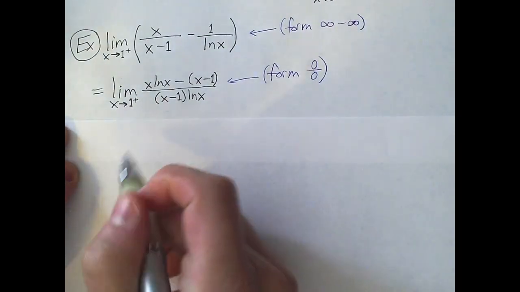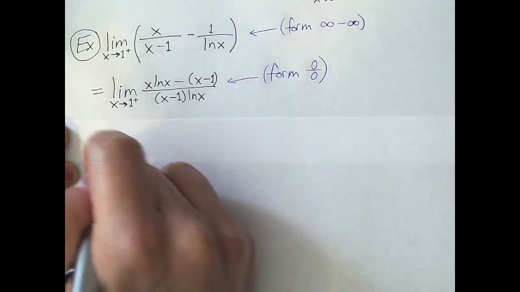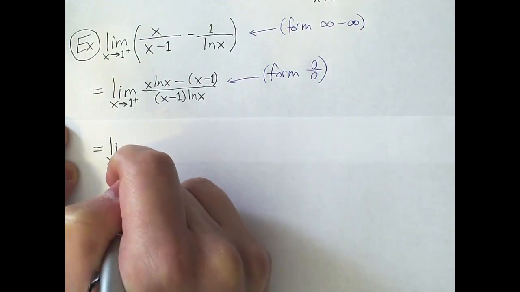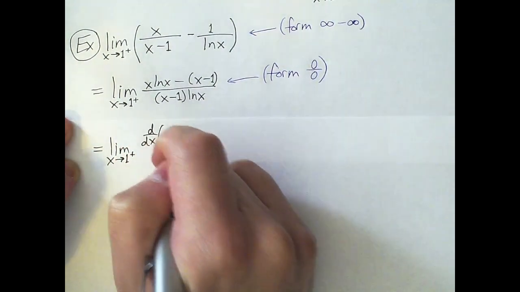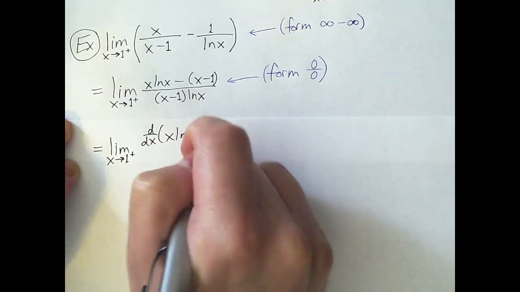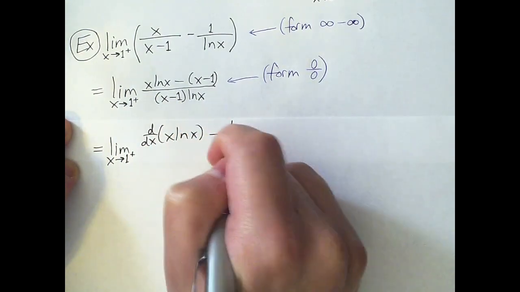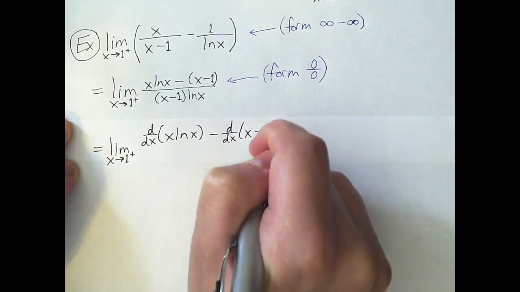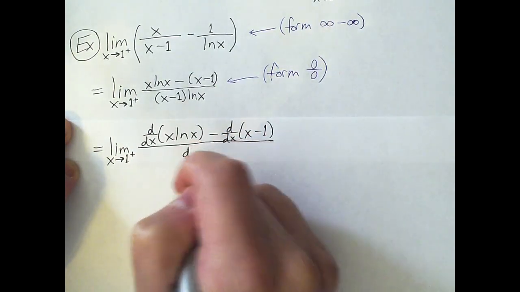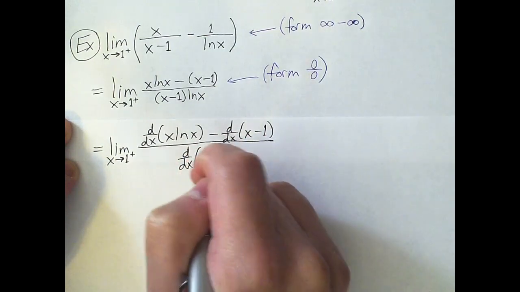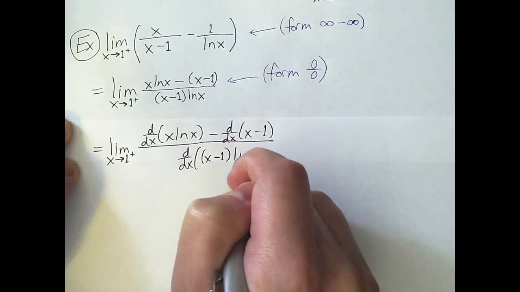All right, so did you apply L'Hopital's rule? d/dx of the top, d/dx of the bottom? How about I just write it like this? Derivative of the first piece, derivative of this. All right, there's my d/dx of the top, and then d/dx of the bottom.